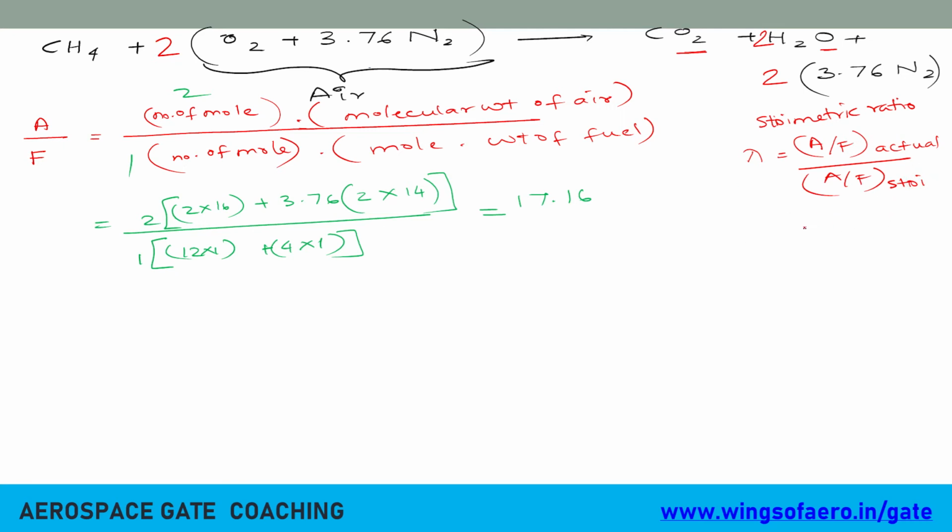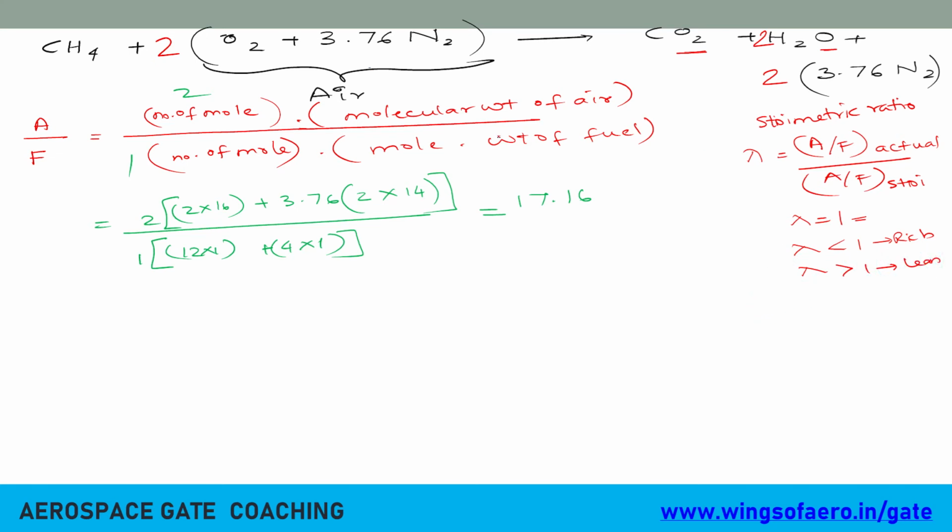Now you have to find whether the mixture is rich or lean. If the lambda value is equal to 1, it is perfectly ideal. If it is less than 1, it is rich. If it is greater than 1, it is lean.